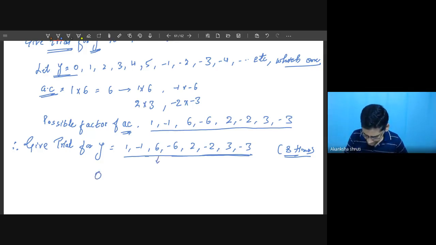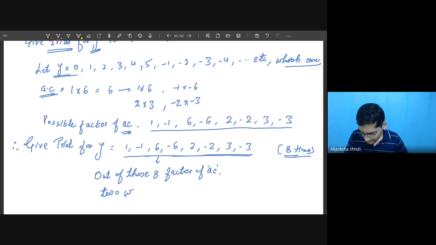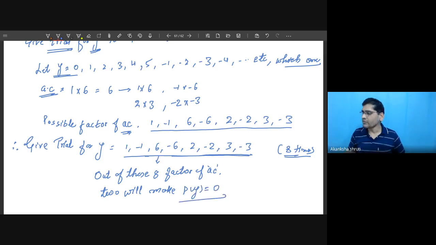Just for your information, out of these 8, which are the factors of AC, only 2 will make this p(y) equals 0.